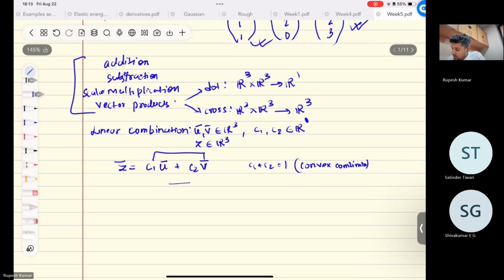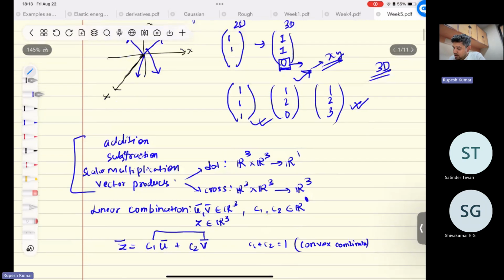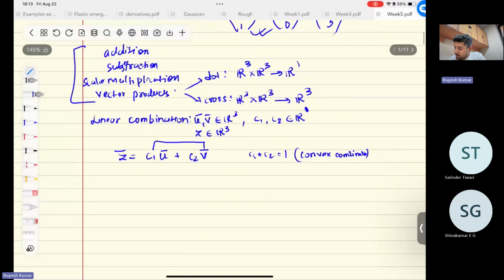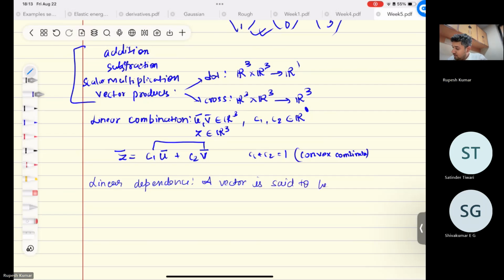Fine. So now, what is the meaning of linear independence and dependence? You must have seen linear dependence before.